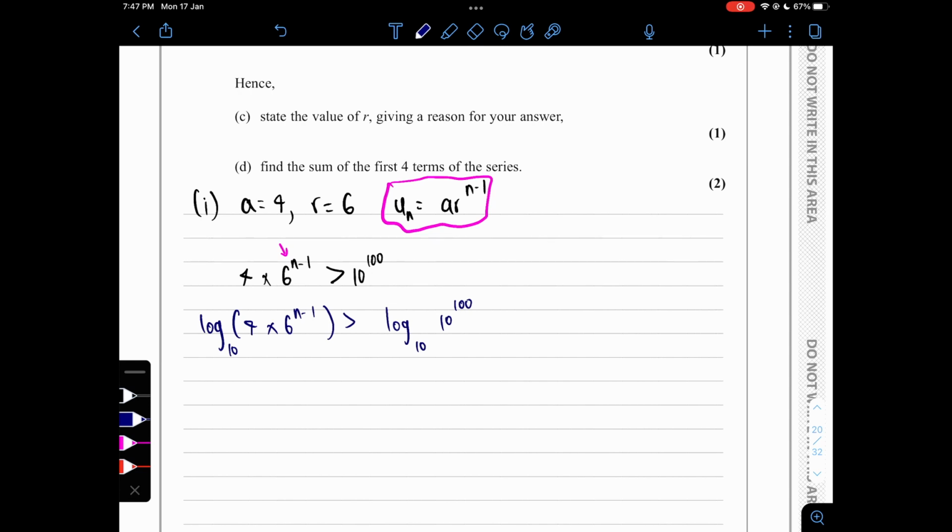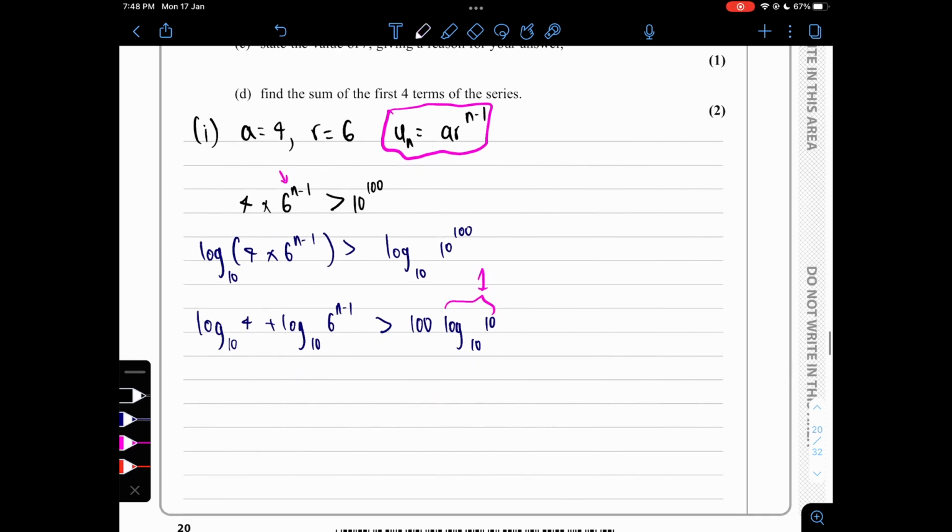Okay, so now when we multiply, logs add. So log base 10 of 4 plus log base 10 of 6 to the power of n minus 1 is greater than 100 log base 10 of 10, which is obviously just equivalent to 1.